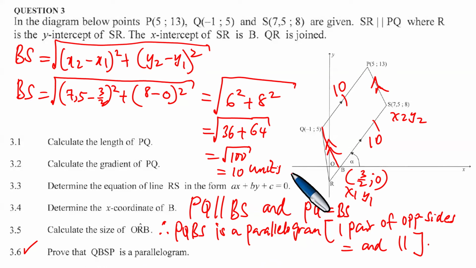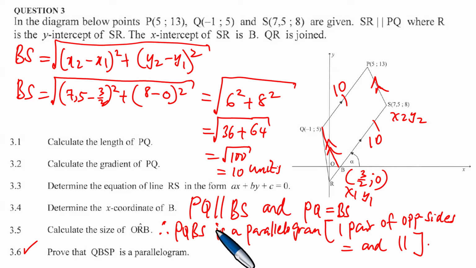So we're able to say that QBSP is a parallelogram, simply because BS is 10 units, equal to QS, so we have a pair of opposite sides equal and parallel. This is enough.